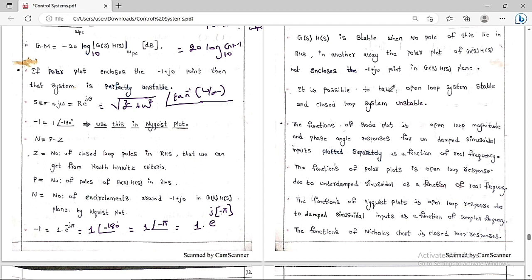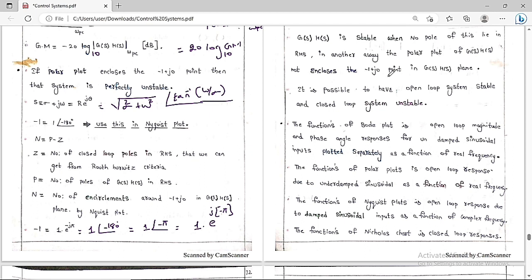So this one I have already told you so many times. We can say the open loop transfer function G(s)H(s) is stable when no pole of this is going to lie in the RHS of s plane. In another way also we can say that the polar plot of G(s)H(s) is not going to enclose the minus 1 plus j0 point in the G(s)H(s) plane.